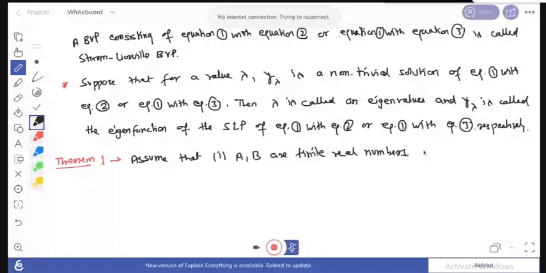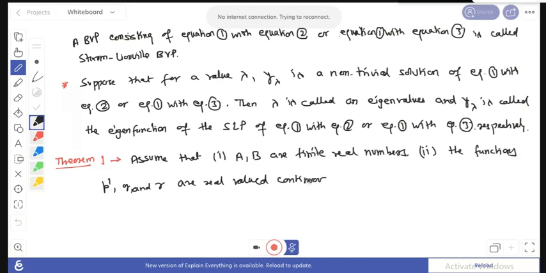and second, the functions p prime, q, and r are real valued continuous functions on the given interval a, b.